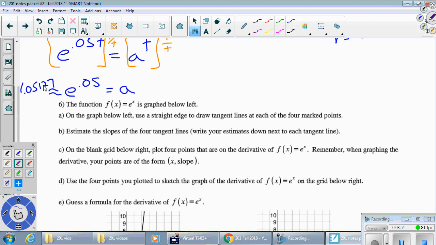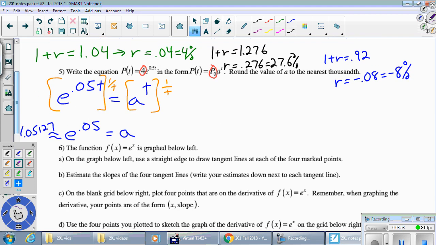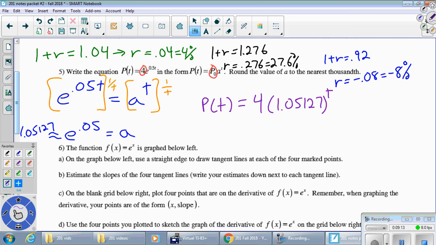So then if we're writing our final answer, P of t equals, the P0 we said was just 4, and then A turns out to be 1.05127 to the t. So we should be able to go both directions. Given the e version, I want you to write it as a generic a base, and if you're given a generic a base, I want you to find the corresponding e to a power.